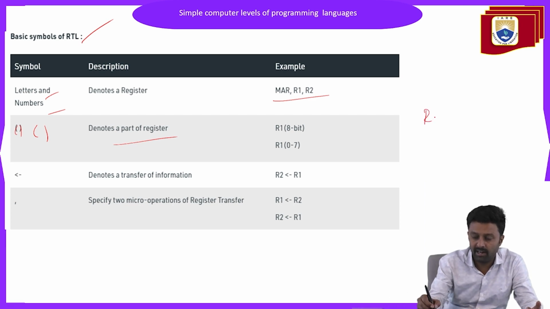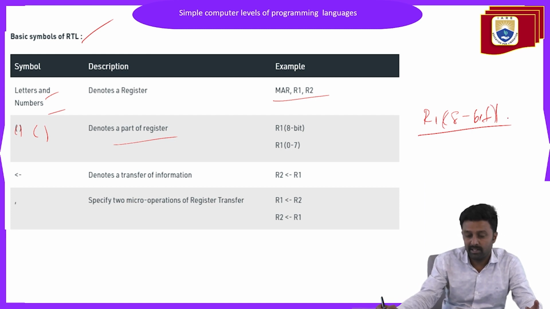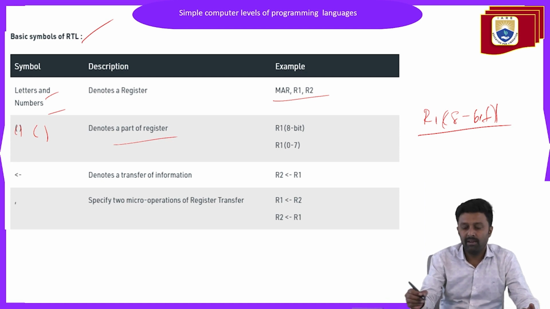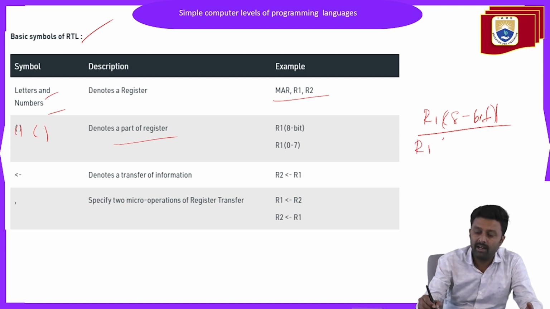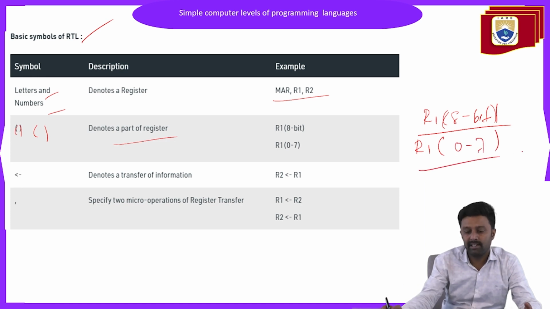If I write R1 bracket 8 bit, this bracket is used for denoting the part of the register. So it shows that R1 is of 8 bit. If I write R1 0 to 7, it also represents that R1 is a register which consists of the bits from 0 to 7.